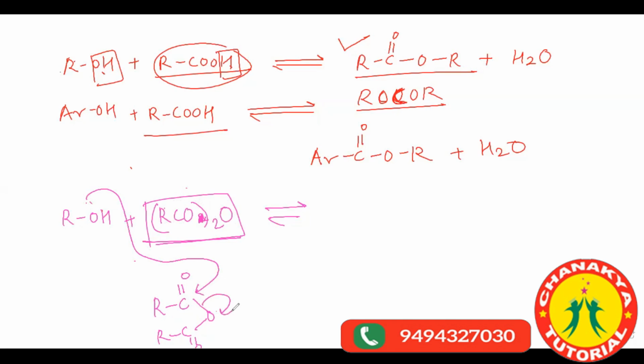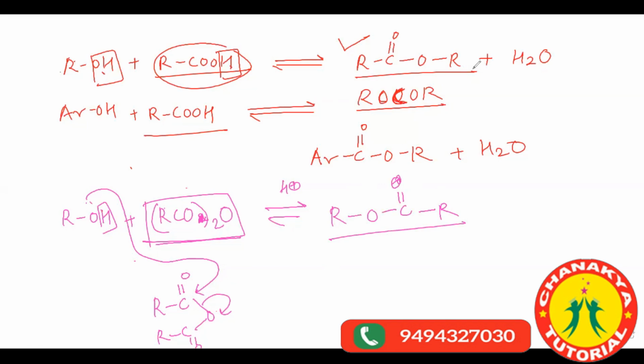If you introduce any H plus ion, or that H plus ion can be taken from here as well, anyhow it's going to lose this hydrogen. You will get R, O, C double bond O, R, correct? This is nothing but your ester only, the same molecule written in a different manner.